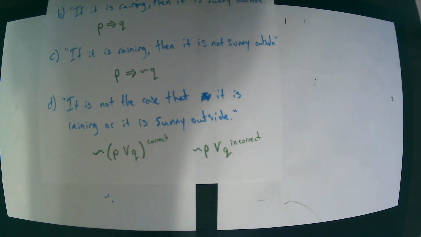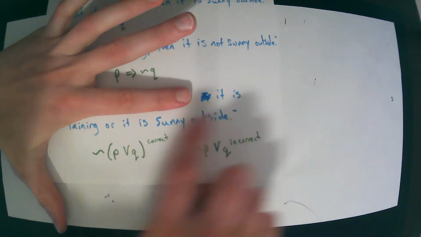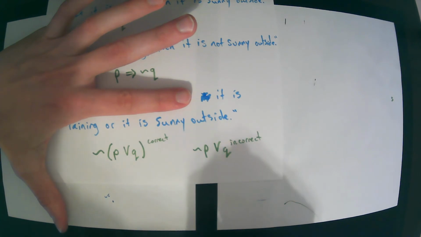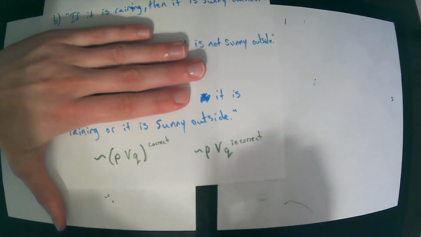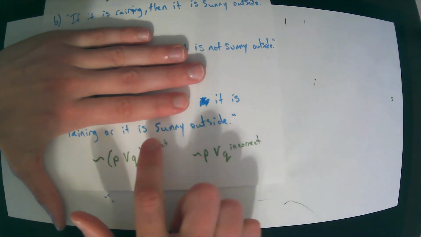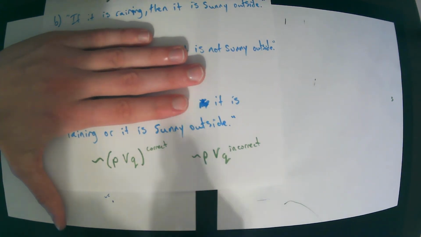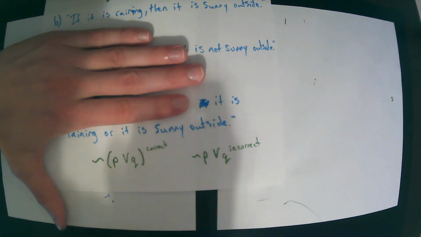So if I look outside and it's raining and it's dark, then that part of the statement would be true, because one part of it is satisfied. If I look outside and it's not raining but it's sunny, then this part is satisfied, and the statement is still true. The only time it wouldn't be true is if both of these are false.